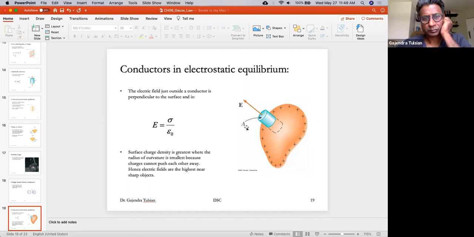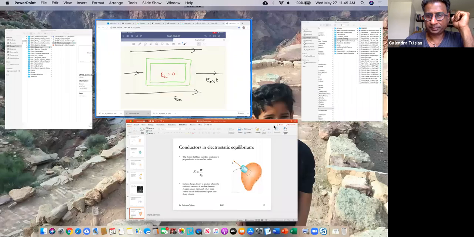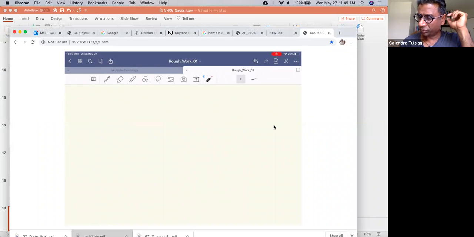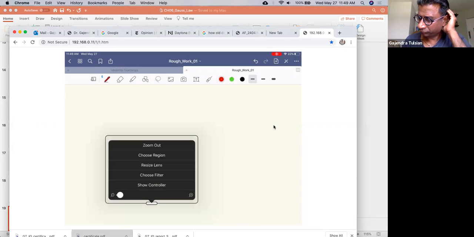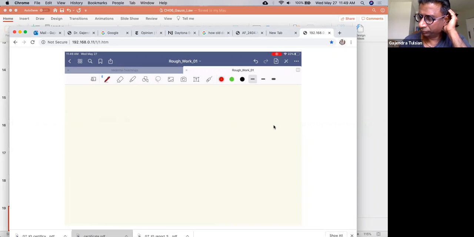Using Gauss's law, you can show that the electric field near the surface is sigma by epsilon naught. Let's go to the chalkboard a second, just so we don't get confused.